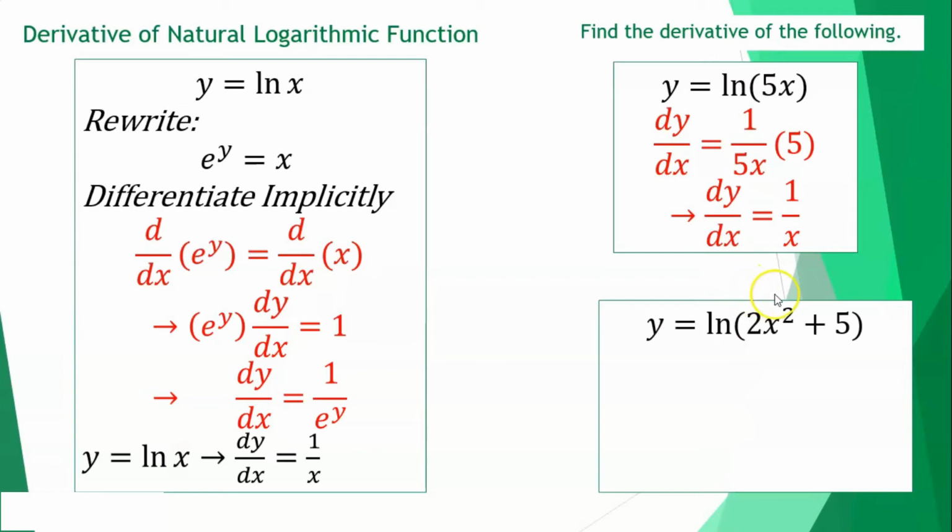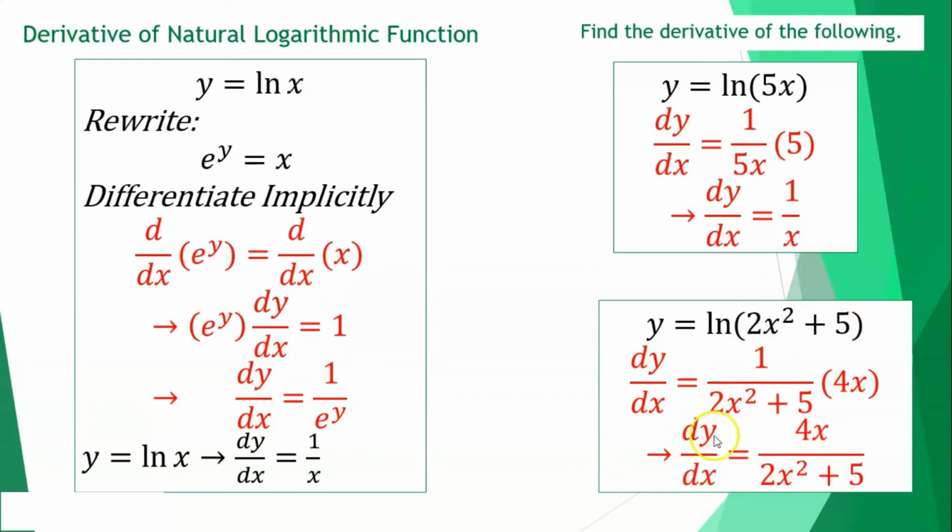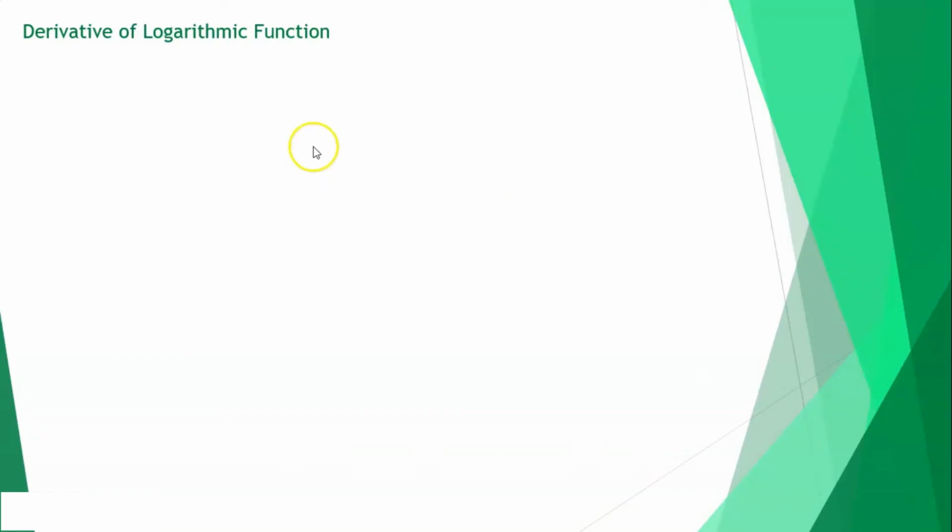Find the derivative of the natural log of 2x squared plus 5. Again, dy/dx is 1 over 2x squared plus 5, and the derivative of 2x squared plus 5 is 4x, since the derivative of 5 is 0. Simplifying further, our answer is 4x over 2x squared plus 5.